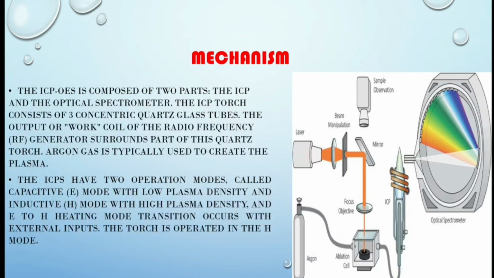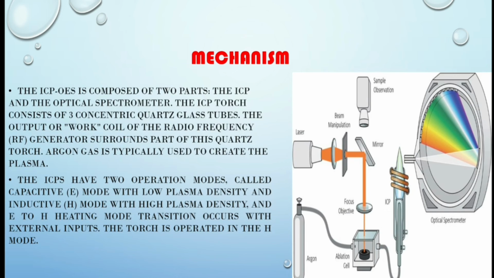The ICPOES is composed of two parts as shown in the diagram: the ICP and the optical spectrometer. The ICP torch consists of three concentric quartz glass tubes. The output or work coil of the radio frequency RF generator surrounds parts of the quartz torch. Argon gas is typically used to create the plasma.